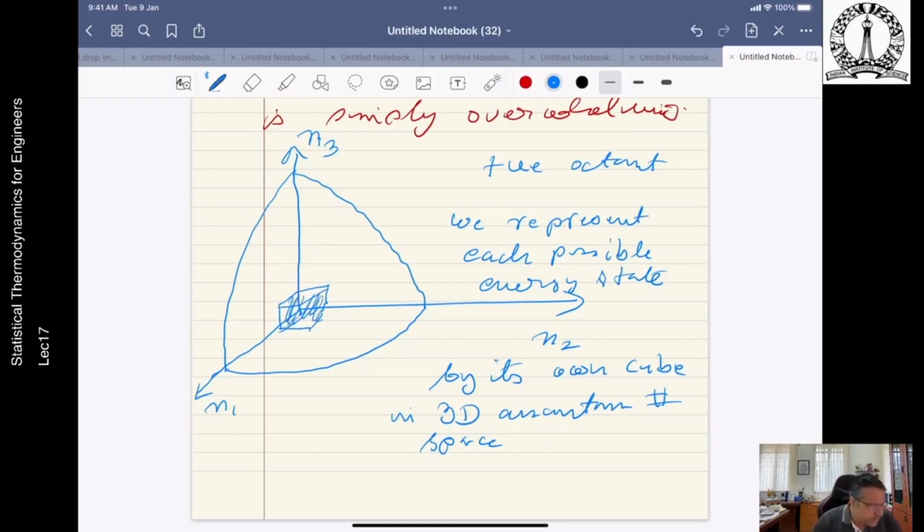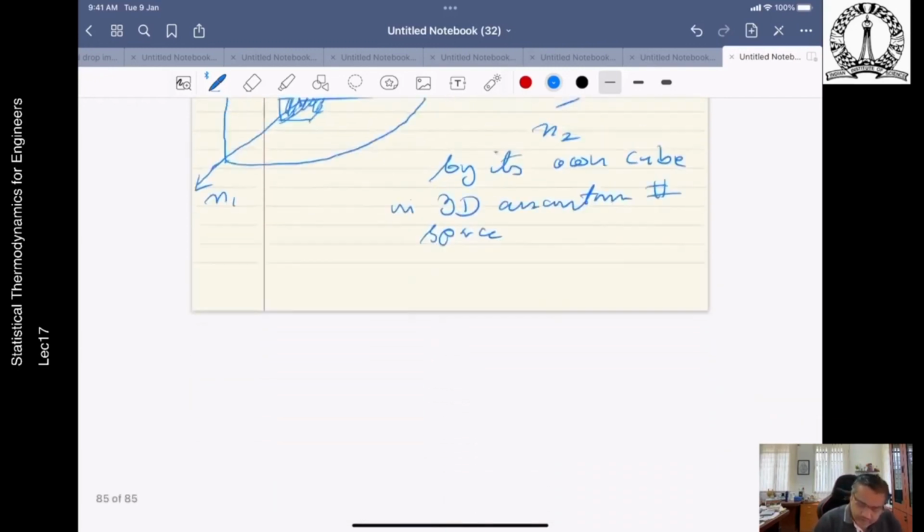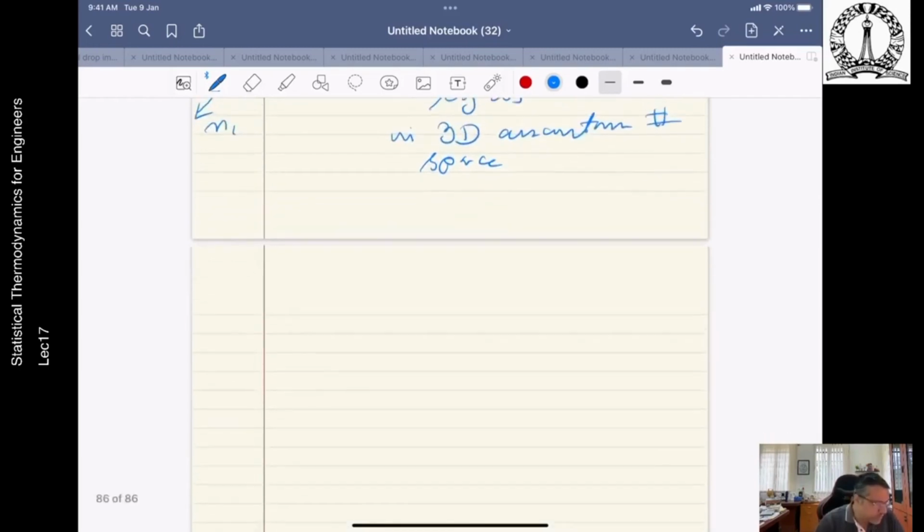Got it? Quantum number space. All right.